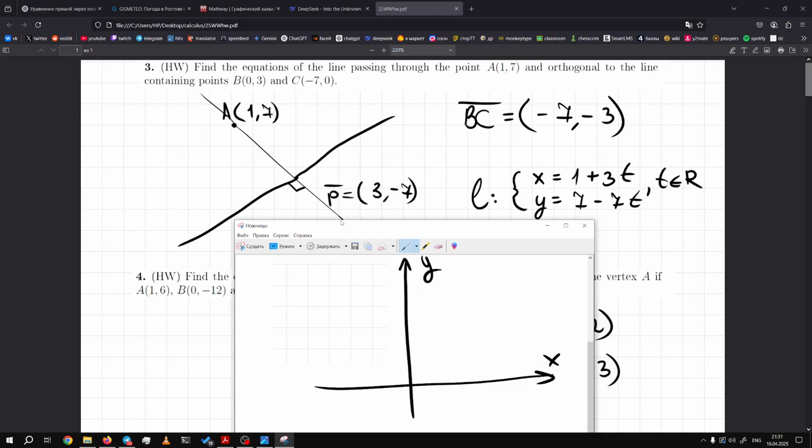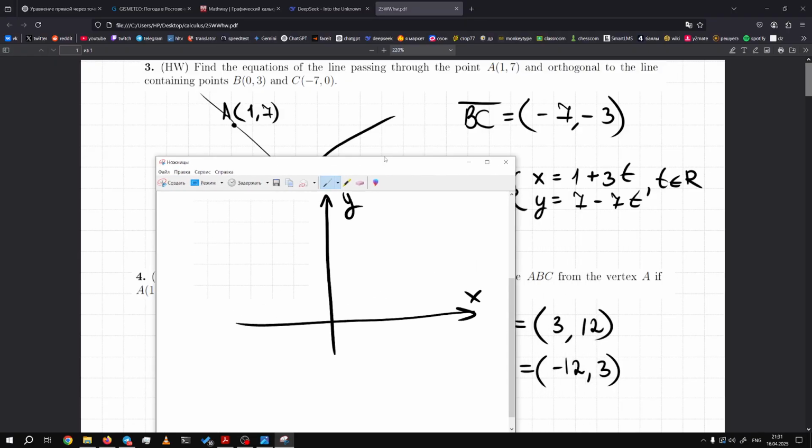If you would look, let me explain on the graph how we can get vector BC. If you have point 0, 3, so this point, and minus 7, 0, then what is vector BC? BC, this one.